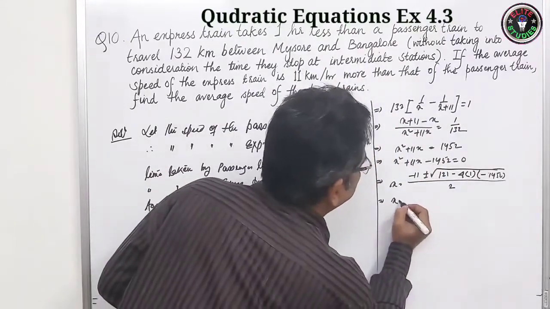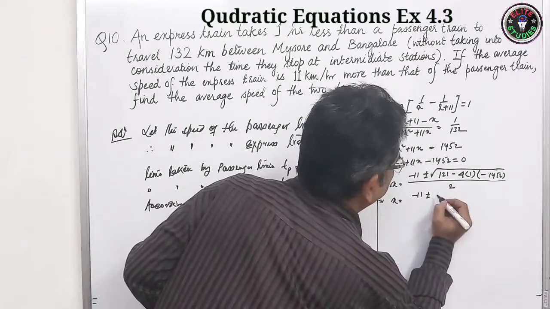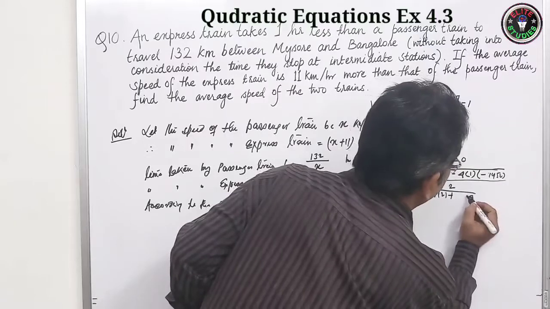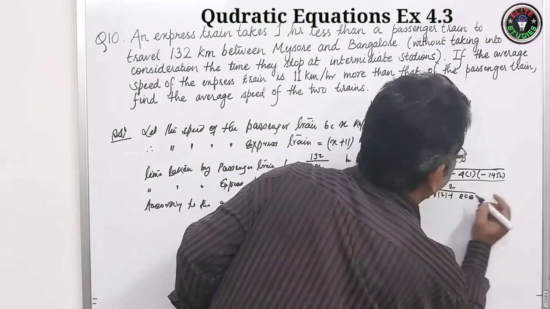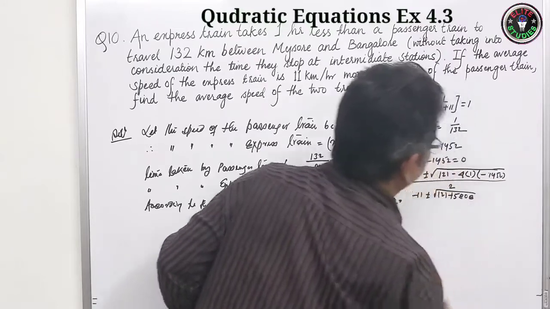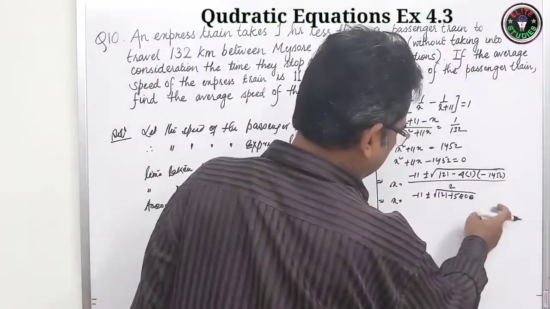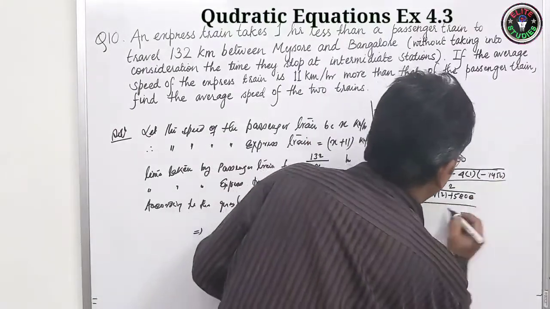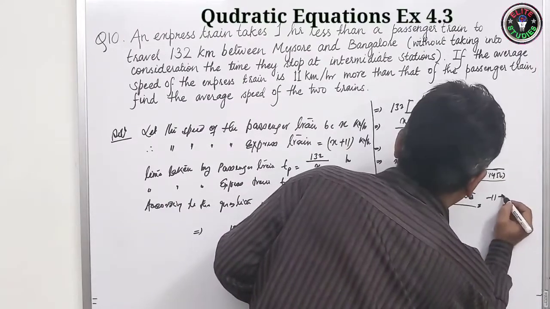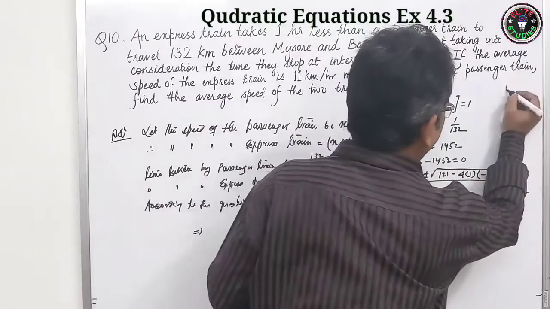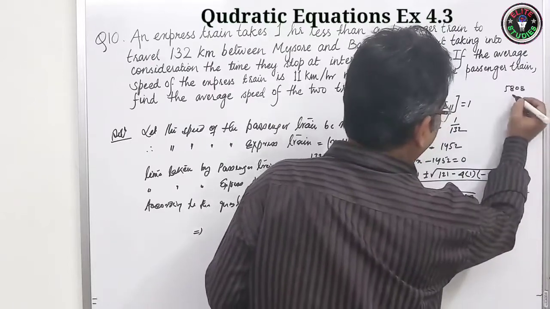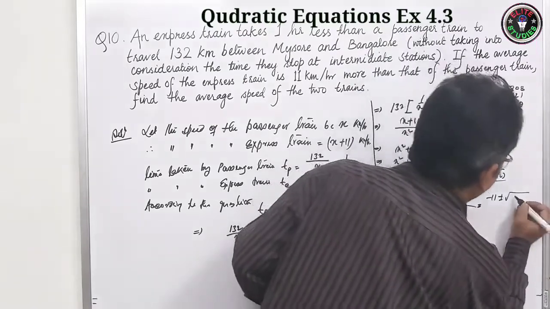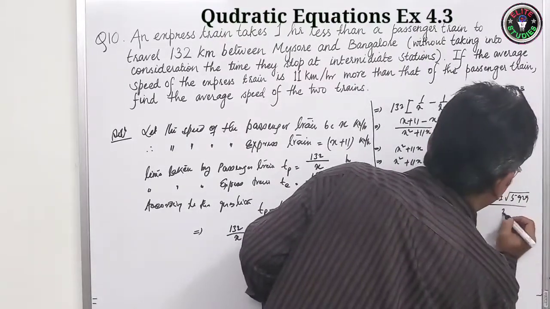So x is equal to minus 11 plus minus root over 121 plus 4 times 1452, which is 5808. Adding 121, it is 5929, divided by 2.